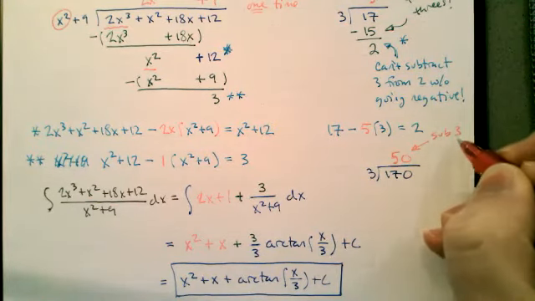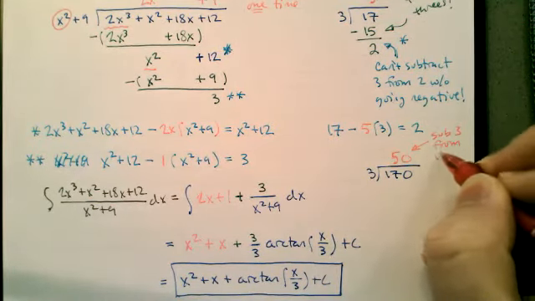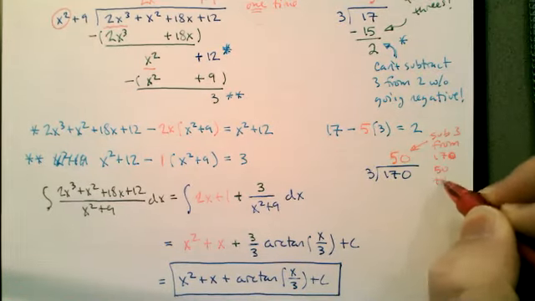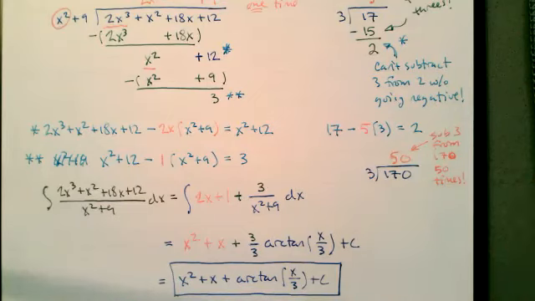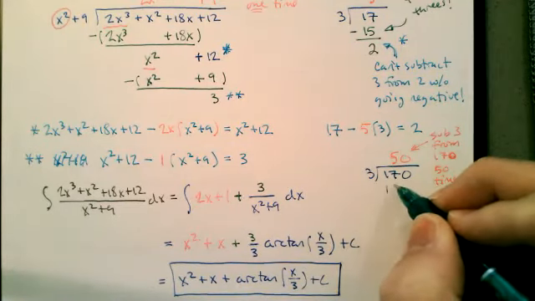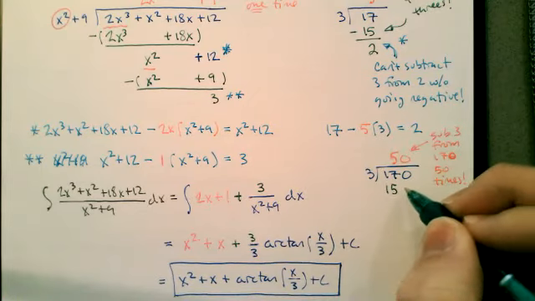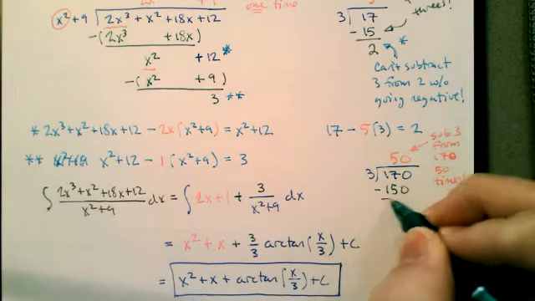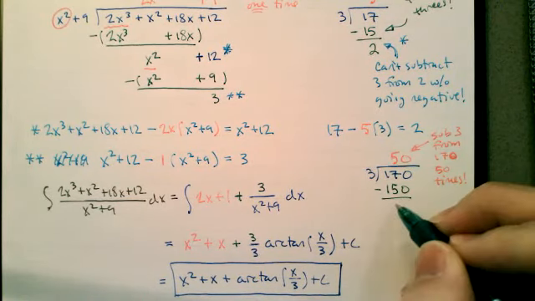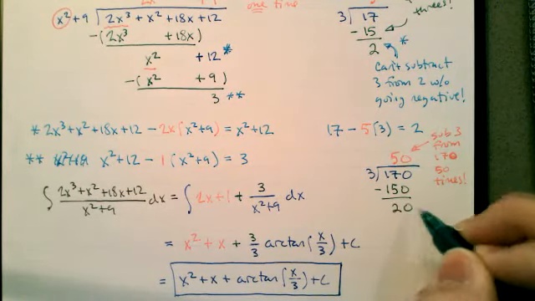We subtract 3 from 170 50 times. And so when we write 5 times 3 is 15, just under the 17, we're subtracting 150 because of the place value. And we don't have 2 left over, we have 20 left over.